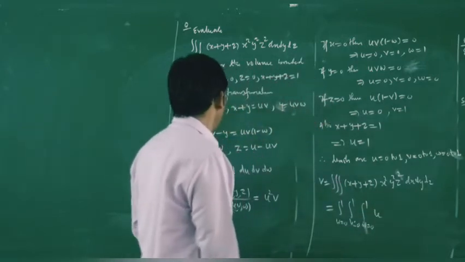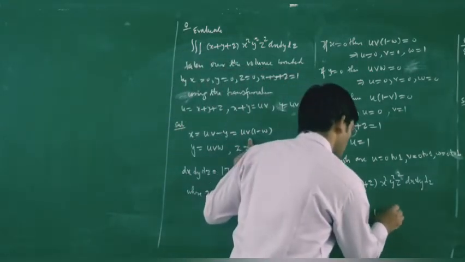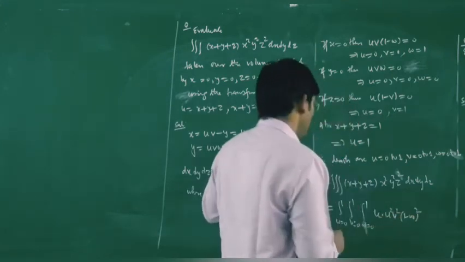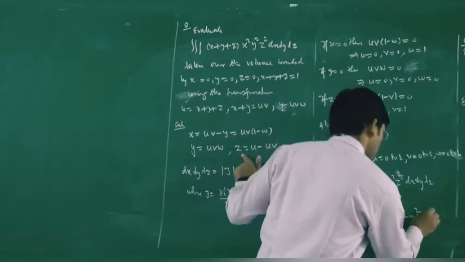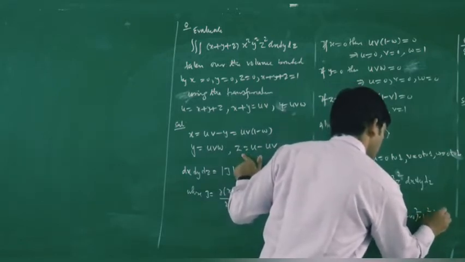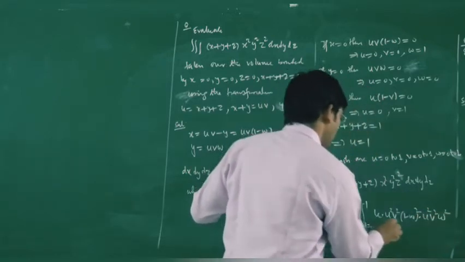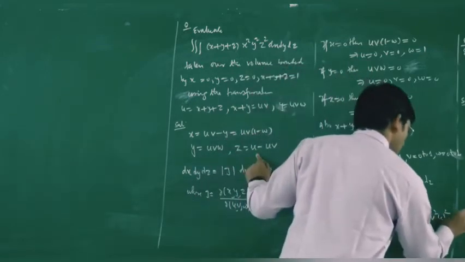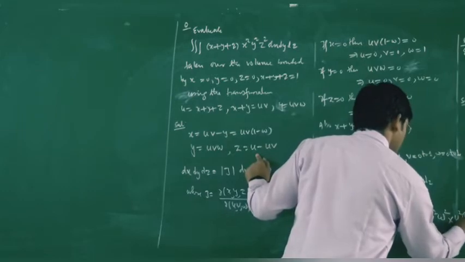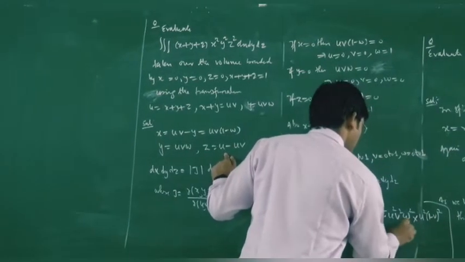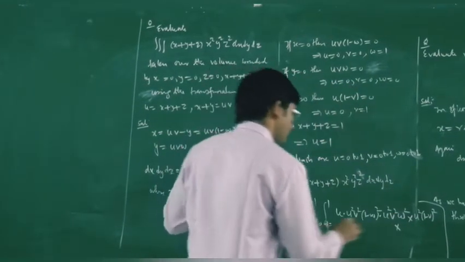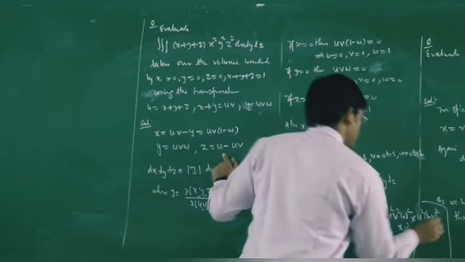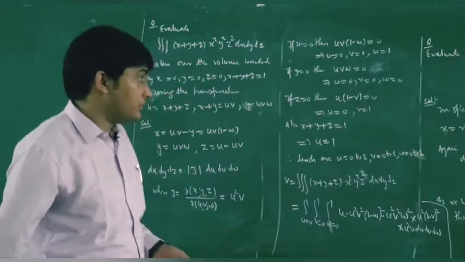Your x square will be u square into v square into 1 minus w whole square. Then y square will be u square, v square, w square. Then we will have z square, this will be u square into 1 minus v square. Then dx, dy, dz is u square into v, du, dv, dw.